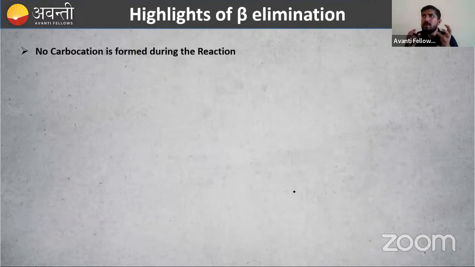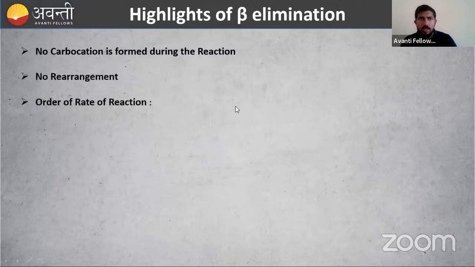Then what are the points regarding this beta elimination? Let us check out some points. Here, carbocation. What is carbocation? That is an intermediate. There is no carbocation formed here. We have studied that if a carbocation is formed, primary, then secondary, tertiary, which one is more stable?